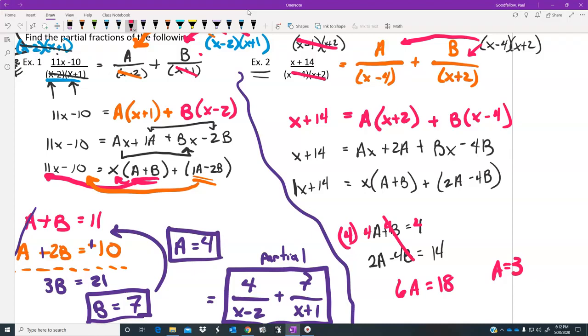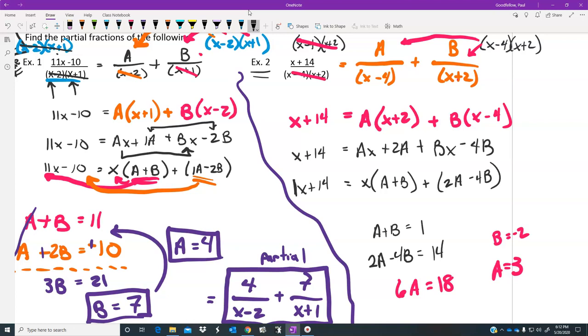And in a recycling concept, if I recycled that back into there, A plus B is 1, so that would mean that B would have to be negative 2. Let me check my work there and make sure that we're in good shape. I'm going to erase some of my stuff there. Yeah, I think that would be the case, that A plus B would equal 1, and ultimately we would end up with a constant of negative 2.